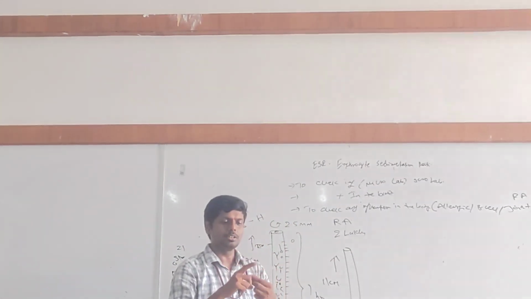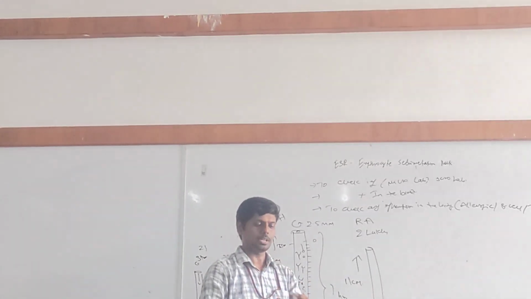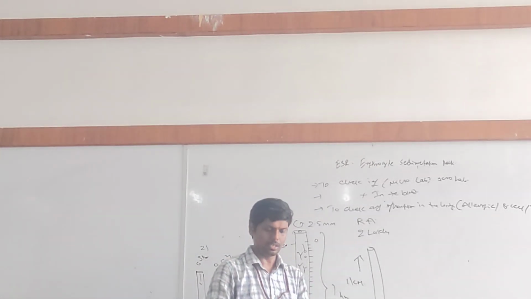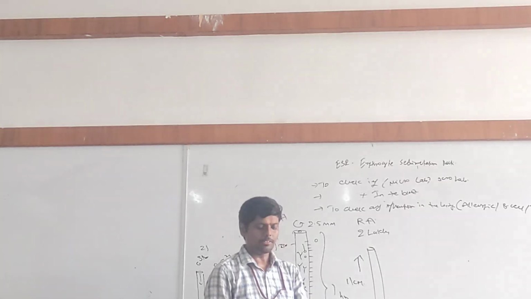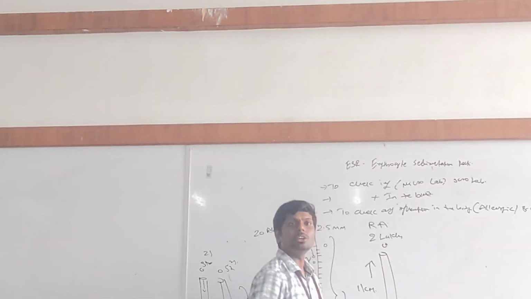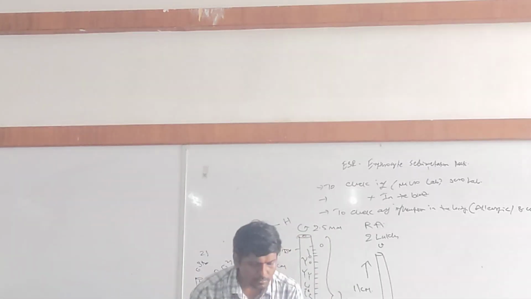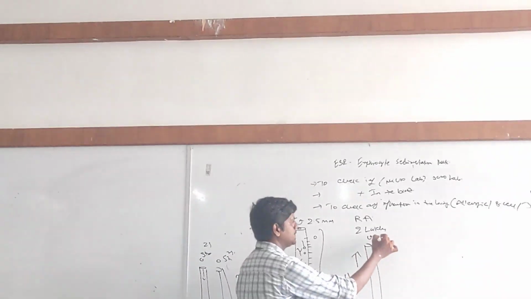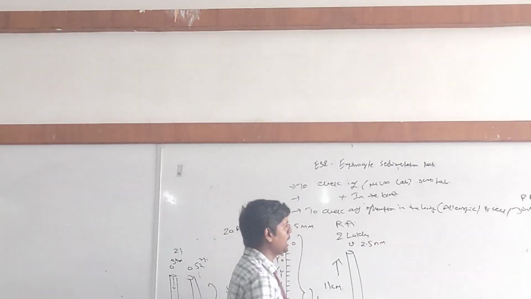Actually, the graduation will be 15 centimeters approximately. Let me check here. It is 11 centimeters long, and the diameter of Wintrobe's tube was 2.5. Oh, same diameter. 2.5 millimeters.